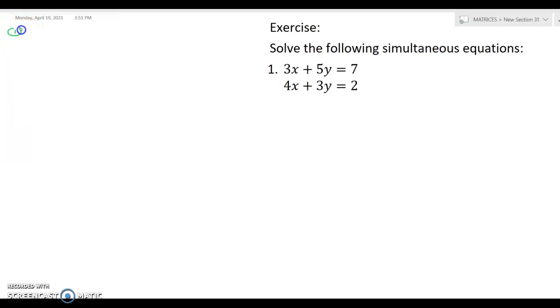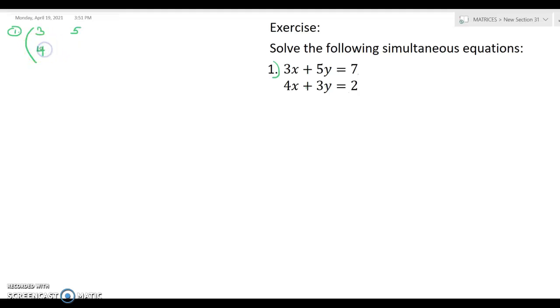So the first thing that we must do, we have to pull out the numbers. Our 2 equations are here: 3x plus 5y equals 7, and 4x plus 3y equals 2. The number before the x, 3, and then the number before the y, 5.